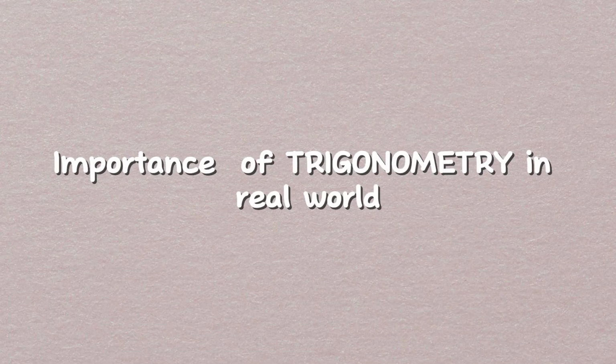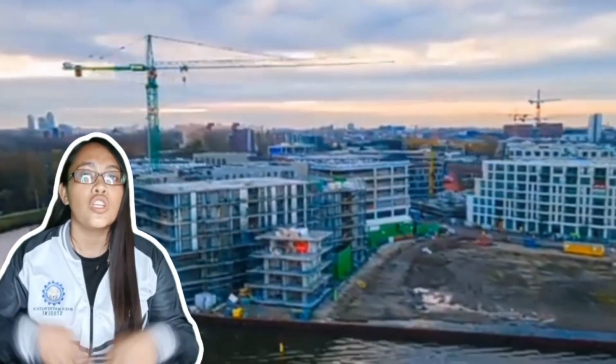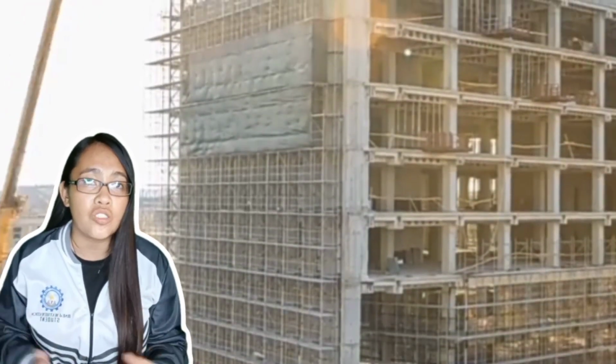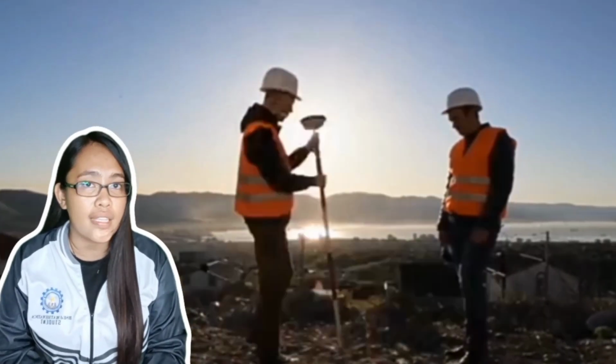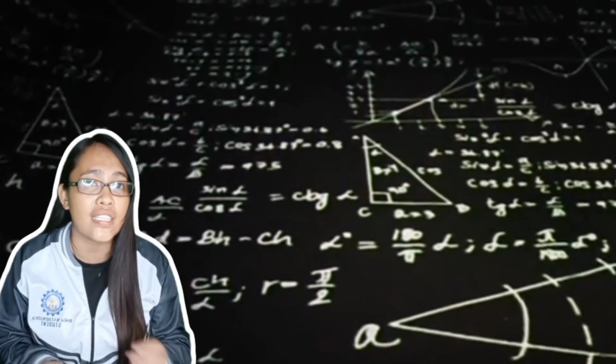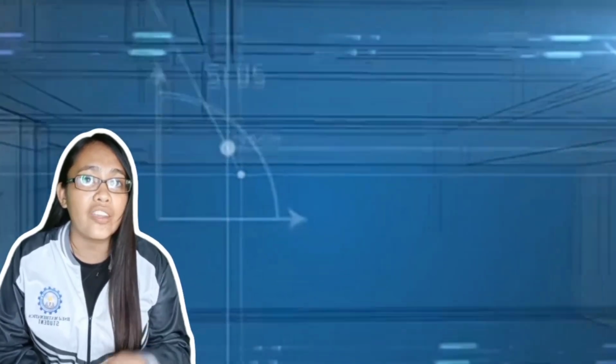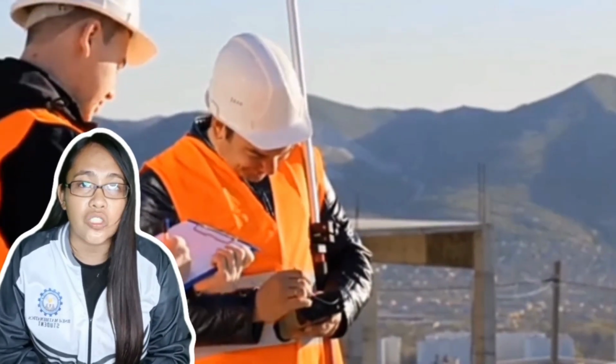Now let's proceed to the importance of trigonometry in the real world. Trigonometry is not just a subject confined to textbooks. Trigonometry finds wide-ranging applications in solving real-world problems across diverse fields. Surveyors employ trigonometric principles for accurately measuring distances, angles, and elevations, essential for mapping land and defining property boundaries.